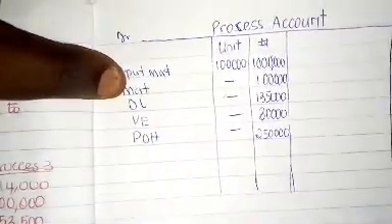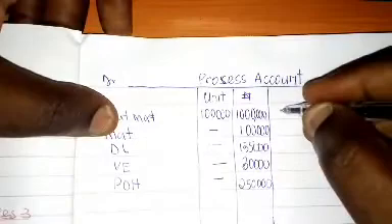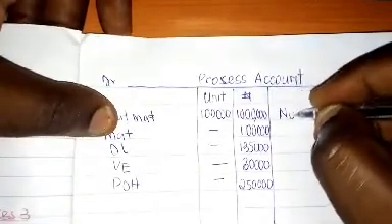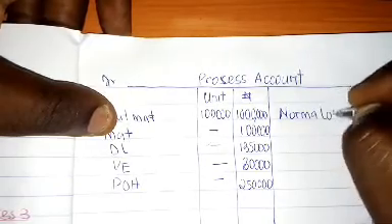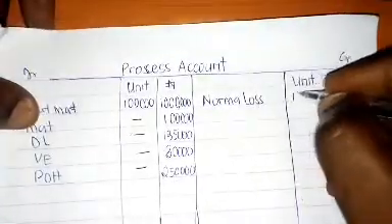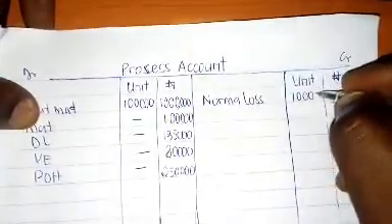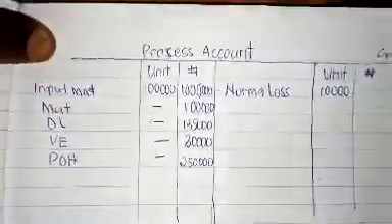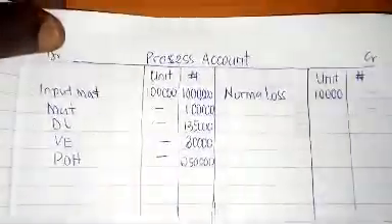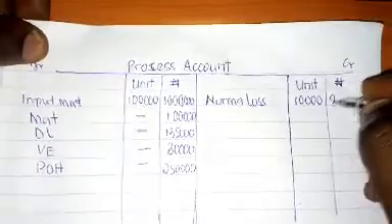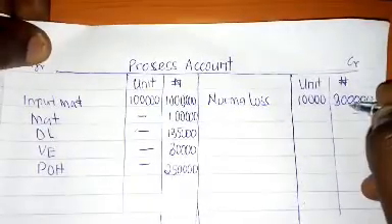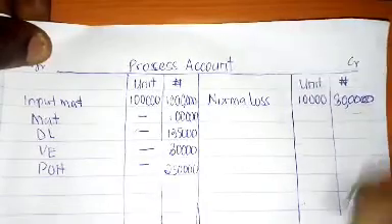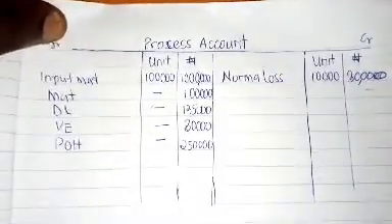Now the normal loss, that's the projected or envisaged loss. The normal loss is 10,000 units. We have calculated that, and it was sold for 3 naira, and that is 30,000.